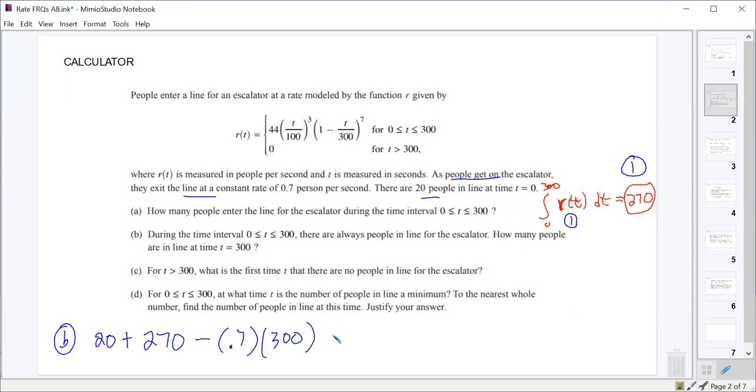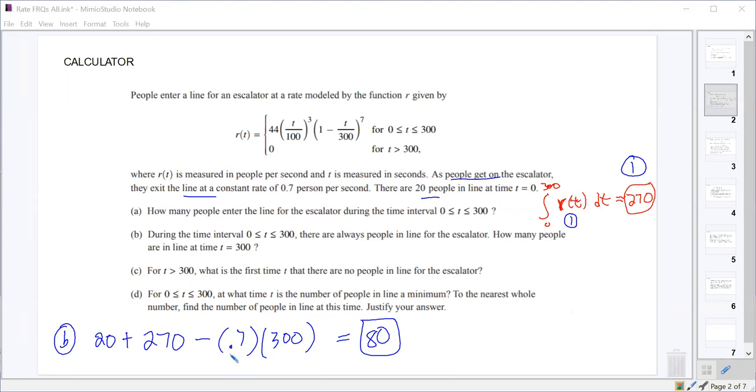So 0.7 times 300, and that gives us 80. So at t equals 300, there are 80 people in the line, and that was also worth 2 points.